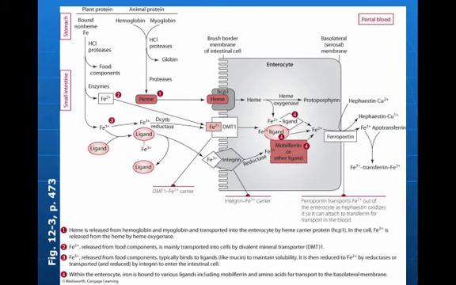So ceruloplasmin does the same thing as hephaestin, but in all the other tissues. So when iron leaves a cell other than enterocytes, ceruloplasmin oxidizes it so it can bind transferrin.